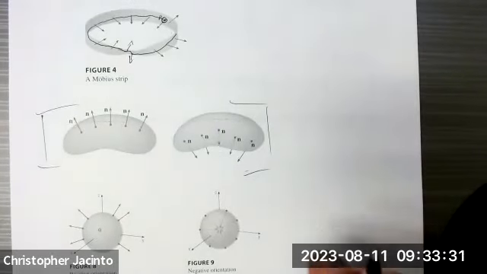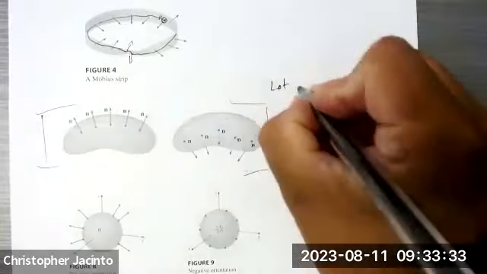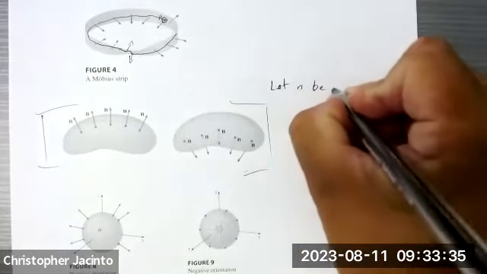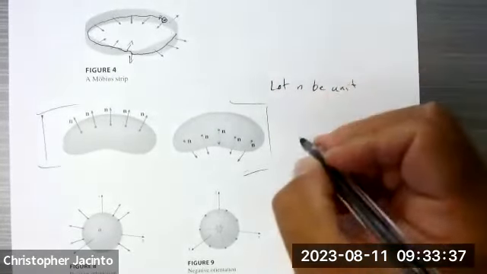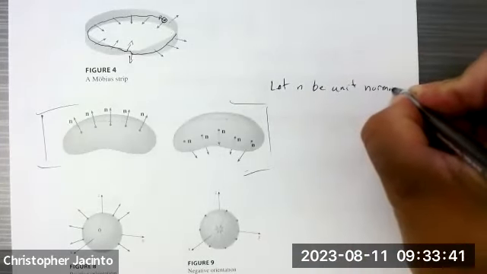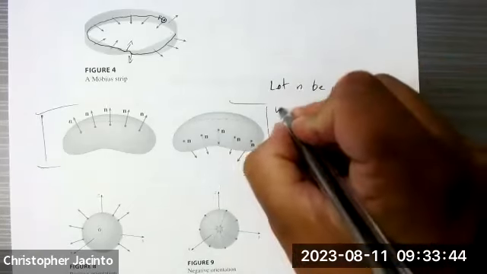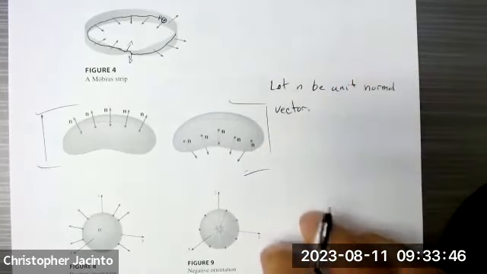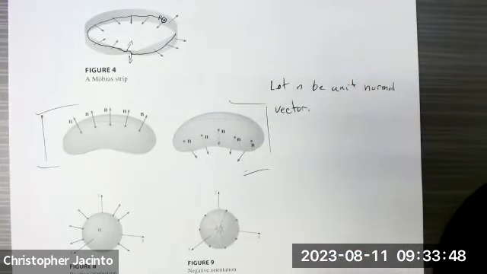So this is what we're going to be talking about itself. Okay. So we're going to let n be a unit normal vector. Okay. So in that case, we're going to have two possible outcomes. We're going to have something called a positive orientation or a negative orientation.